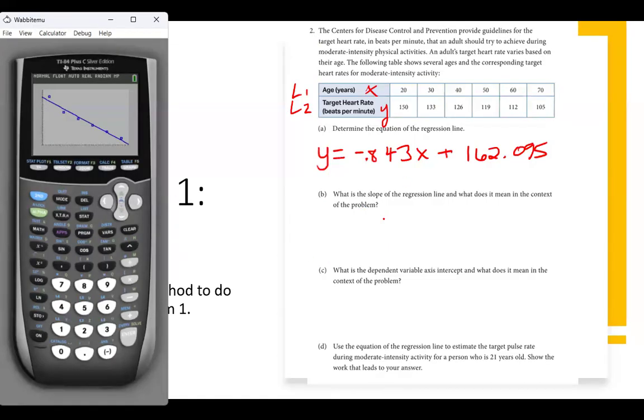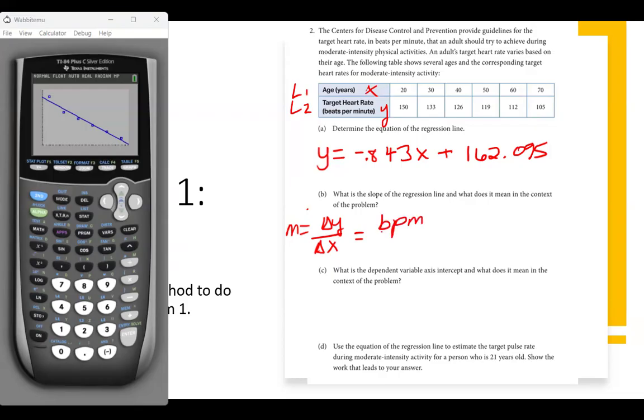Yes? All right. It says, what is the slope of the regression line and what does it mean in context of the problem? So when you're describing the slope of the regression line, remember, your m equals the change in your y over the change in your x. What did our y represent? The target heart rate, right? The beats per minute.